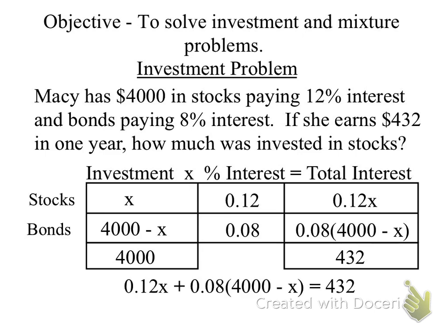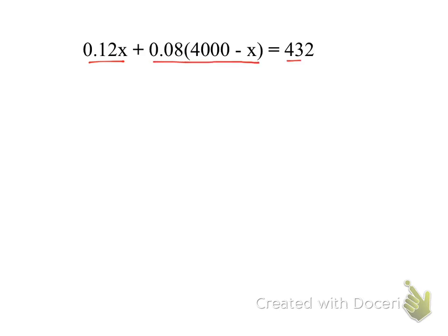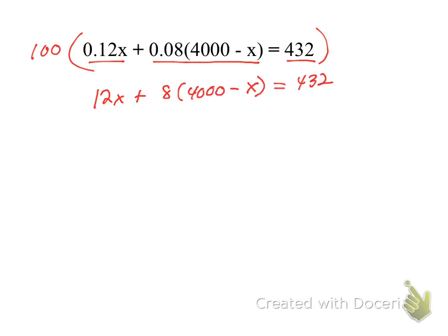Now I'm going to go to the other side for a minute. Okay, and I'm going to show you. So now I have all these decimals, right? I want to clear those decimals. I have 3 terms in the sentence: 1, 2, 3. I'm going to multiply by 100. So I get 12x plus 8 times 4,000 minus x equals 432 and two zeros. Once, twice, once, twice, once, twice. Good.